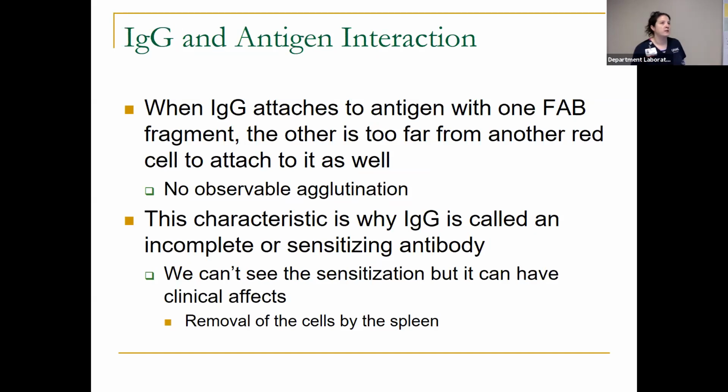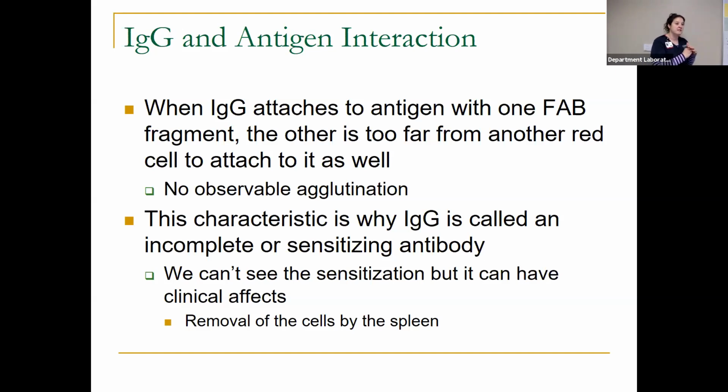All right, so how this works is you have your IgG molecule. The IgG molecule is going to attach to the red cell on your antigen in the FAB portion. If you think about your IgG molecule in the shape of a Y, where your two heavy chains are, your two light chains are, your FAB portion, your IgG molecule has two binding sites. That's where it's going to attach to the red cell.